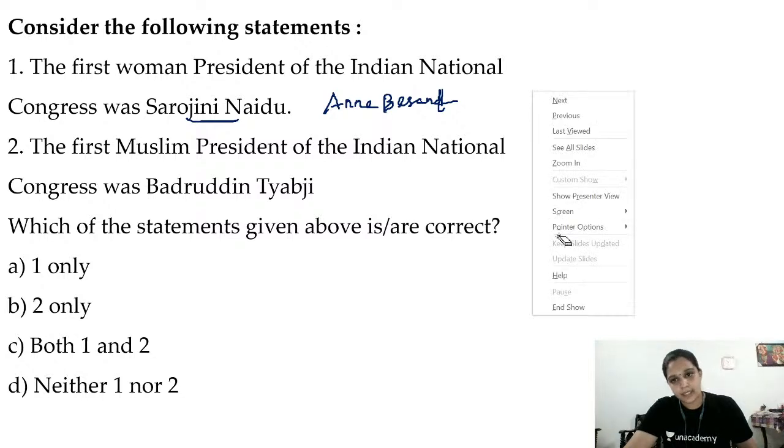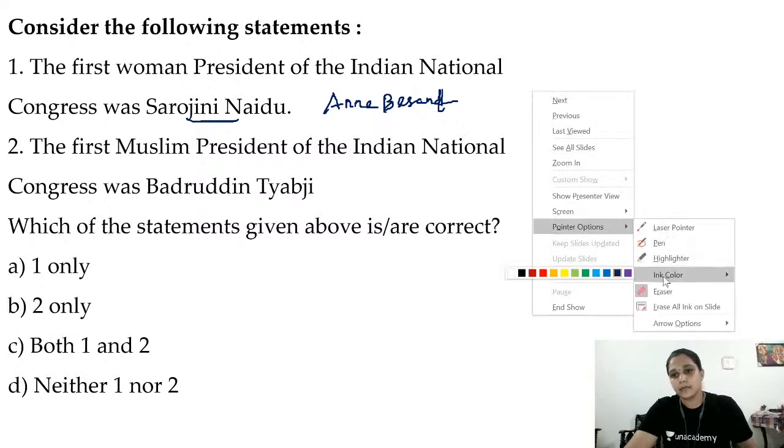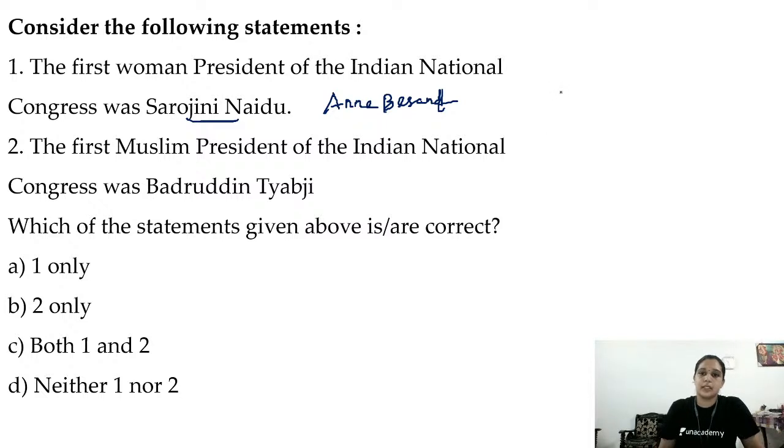Only in 1917, because in 1916 the Lucknow Pact took place, and that was a different person. The first Muslim president, Badruddin Tyabji, is right. But Sarojini Naidu was president only in 1925. Before that, Annie Besant was the woman president. So the first statement is wrong, the second statement is right.